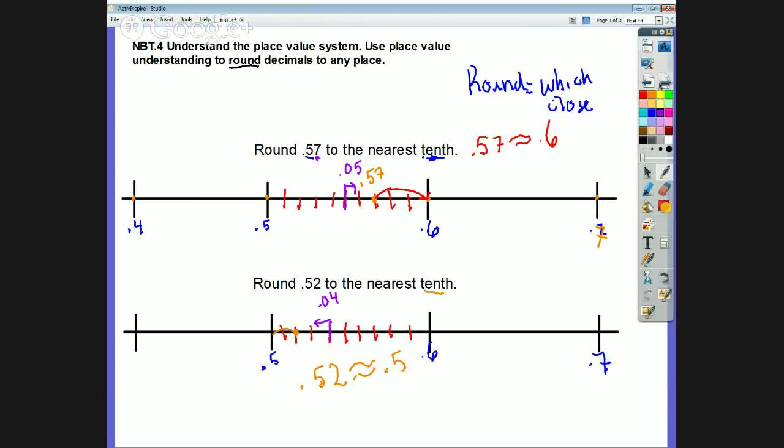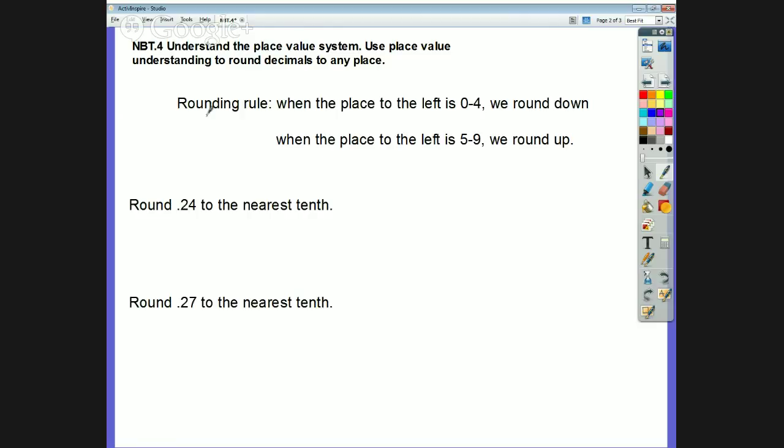Let's use that rule to look at this next set of examples. The rule is: when the place to the right is a 0 through 4, we round down. When it is a 5 through 9, we round up. Let's look at this one: 24 hundredths to the nearest tenth. We're going to underline the digit in the tenths place, because we're rounding to the tenths. Let's underline the 2.